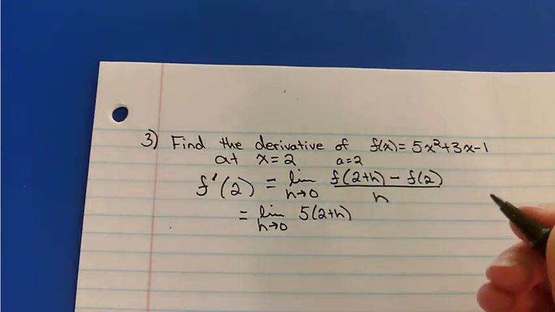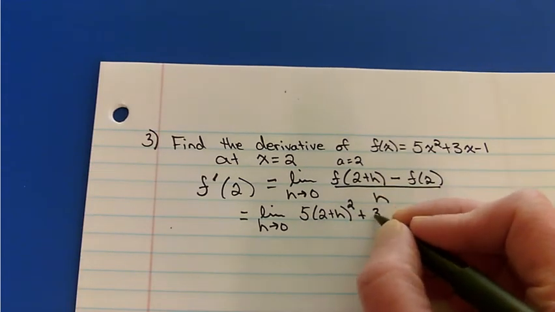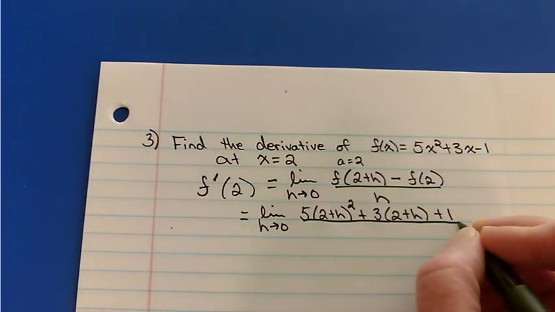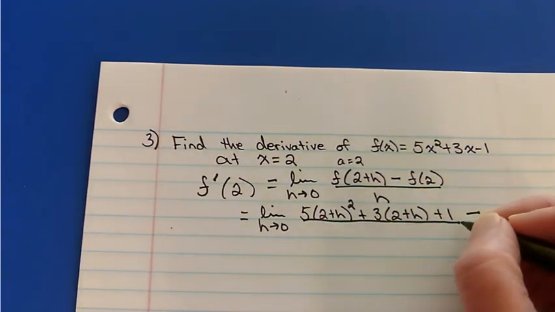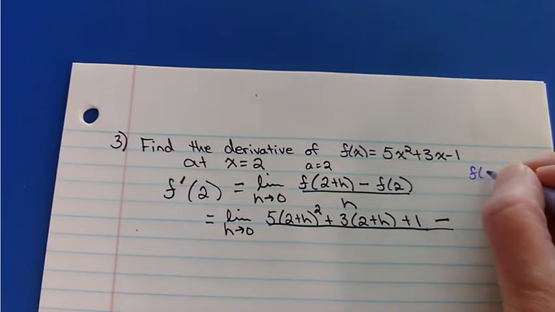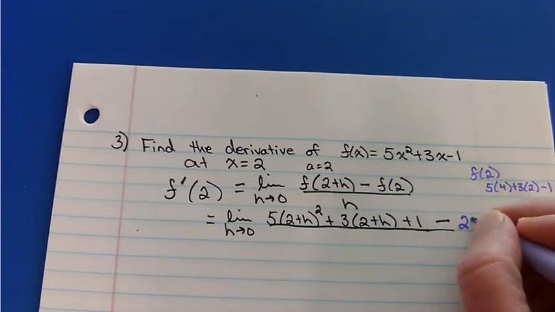You could write h plus 2 as well. That would work. Oops, I forgot the squared. Whoops, minus, oh, I forgot the f of 2, didn't I? F of 2 means I'm going to plug in 2 for all the x's, and I would have 5 times 4 plus 3 times 2 minus 1, 26, 25.